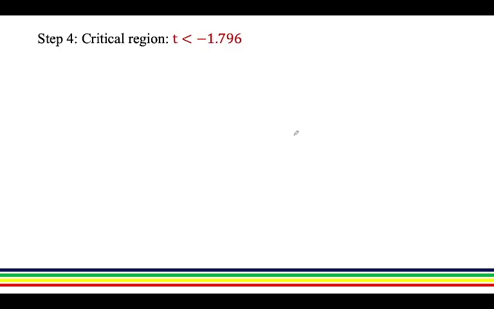If we represent it using the normal distribution curve, something like this, then that value is somewhere here. So that's t is less than negative 1.796.